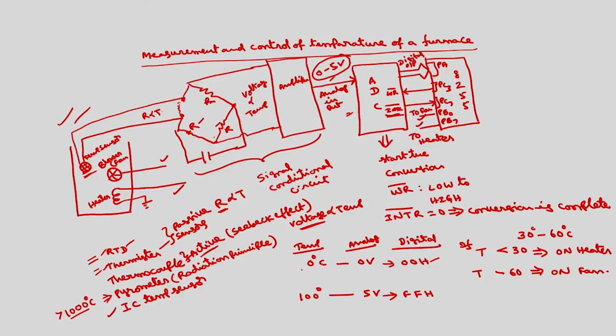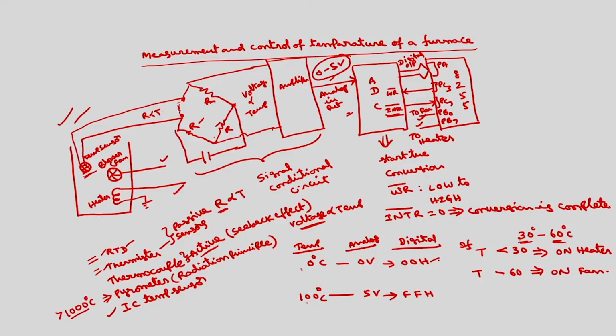So if 0 degrees corresponds to 00H and 100 degrees corresponds to FFH, what will be the digital equivalent of 30 degrees and 60 degrees? It depends upon the resolution of the A to D converter. Here 0 degrees corresponds to 0 volts, and 100 degrees corresponds to 5 volts.